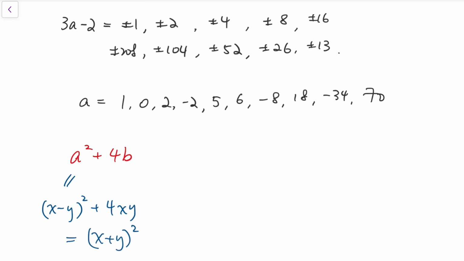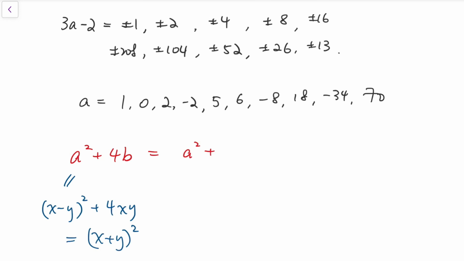All that is left is to see which values of a would make a squared plus 4b a perfect square. A perfect square means it's not just an integer, but it also has to be non-negative. So another thing that makes a squared plus 4b easy to find is that I can now express b in terms of a, so I can skip the process of finding the value of b.